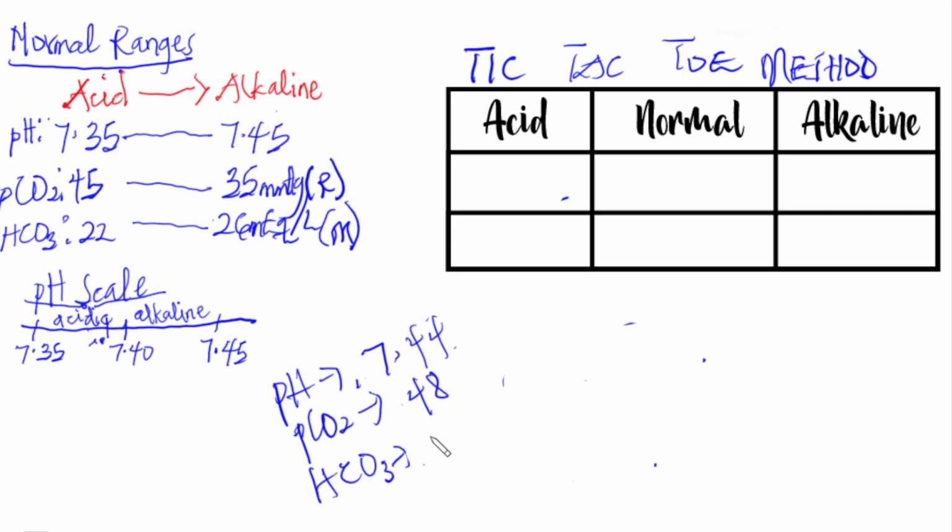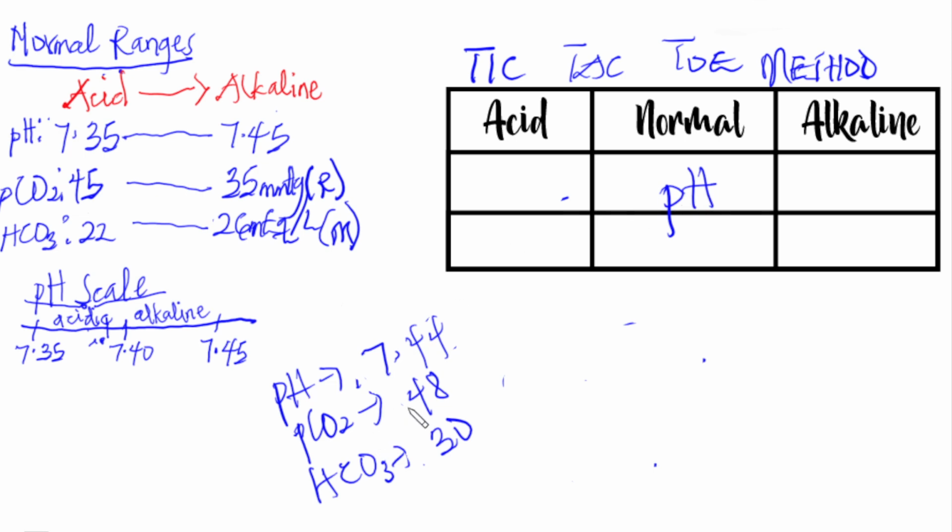HCO3 is 30. Now, pH is 7.44. From the scale 7.35 to 7.45, meaning it's normal, right? So pH is 7.44, so it's normal, it's in the normal range. So you're going to put pH here.